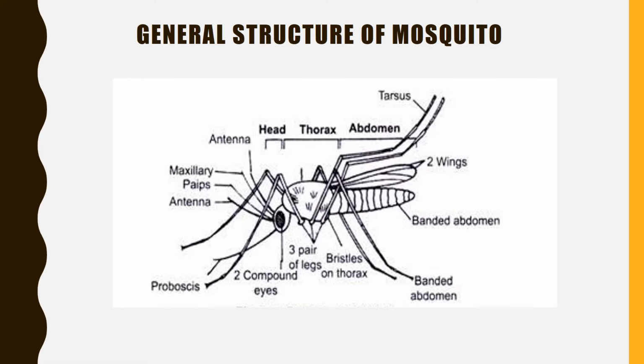Let's have a look into the general structure of mosquito. The body of a mosquito is very soft and small, covered with scales, and it is divided into three parts: head, thorax, and abdomen.